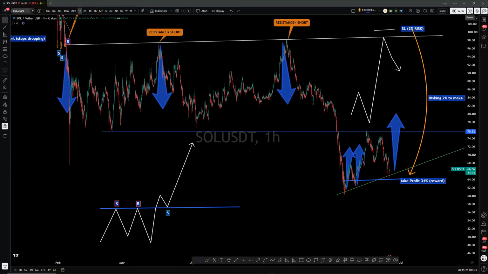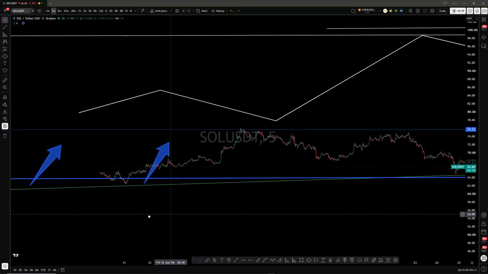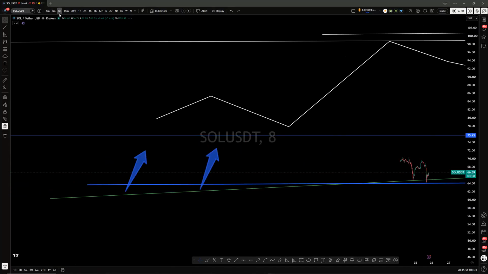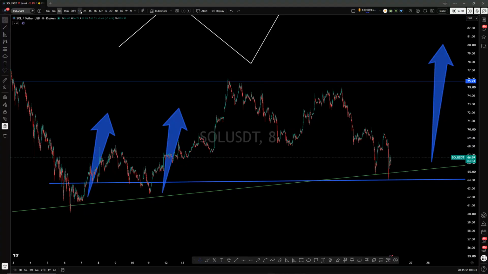It's second to none. Now you have to remember this is the 1 hour chart, or if we zoom a little bit more in, this is the 5 minute chart. So you can draw a lot of levels and they can be valid and work.